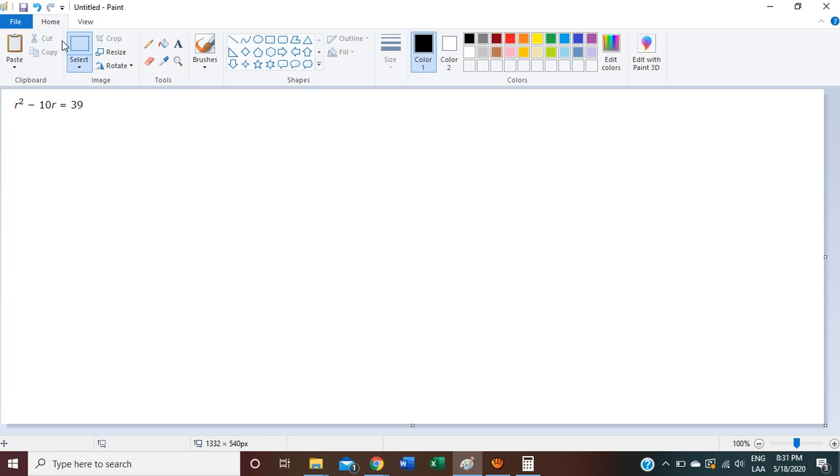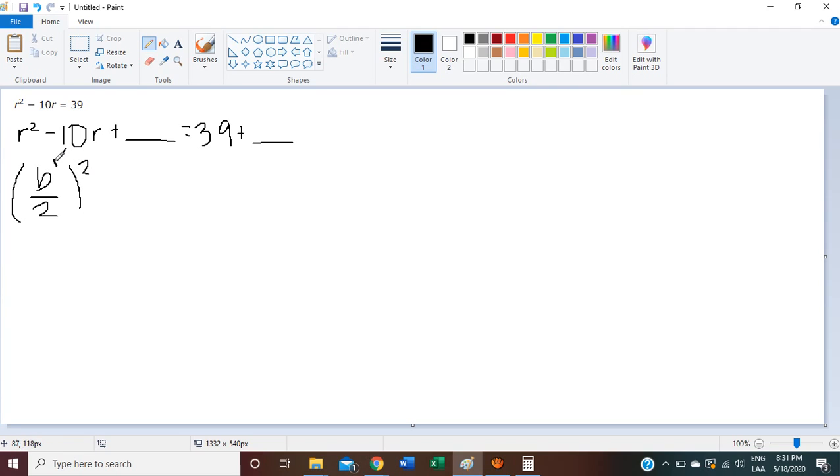But now we need to say something like this: r squared minus 10r plus something equals 39 plus something. To find out what that something is, we need the formula b divided by 2, squared.